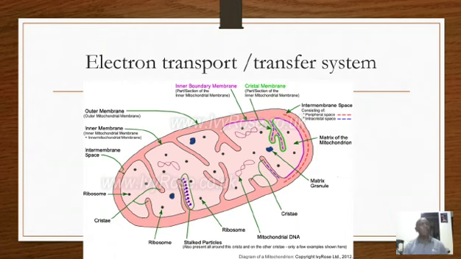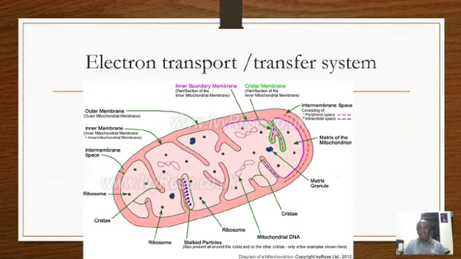Remember when we said that each NADH2 liberates 3 ATP molecules and each FADH2 liberates 2 ATP molecules. So we are going to see how it occurs within the electron transport system.